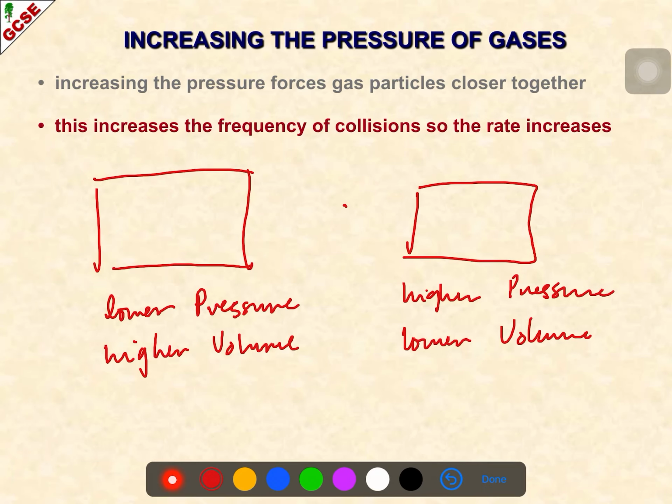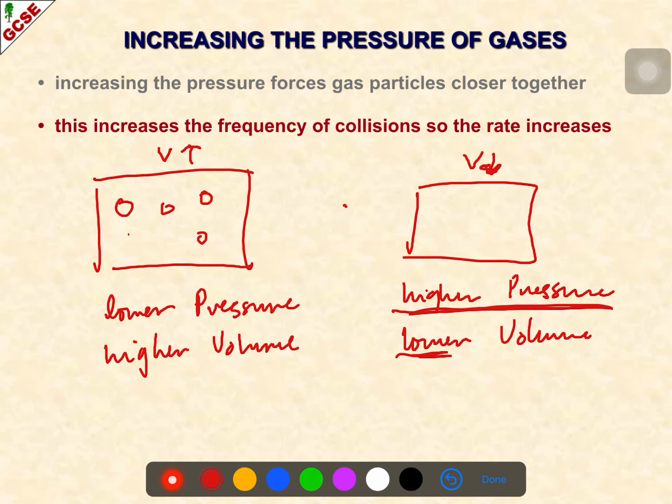So the volume here is higher compared to the volume here. When the volume is lower, the pressure increases. So for example, if you put 5 particles here and 5 particles here, which one will have more collisions? More collisions here.